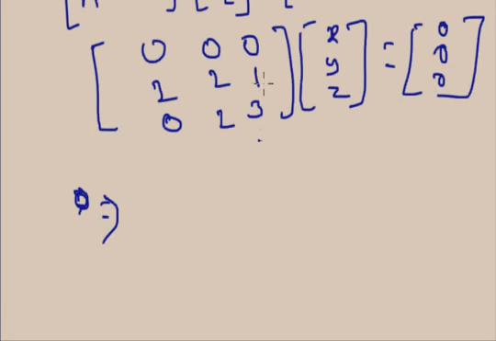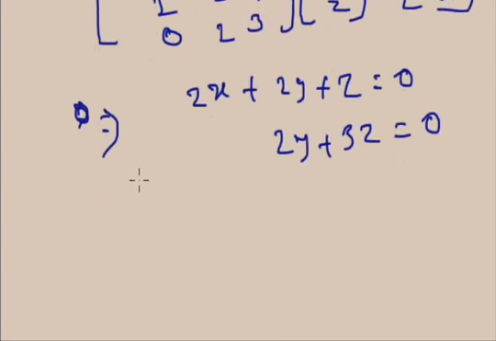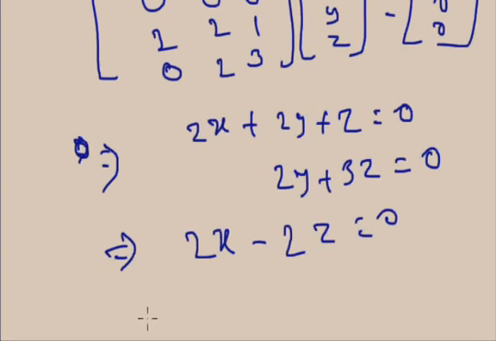The other rows give 2x plus 2y plus z equal to 0, and 2y plus 3z equal to 0. Subtracting this equation from this equation, I will get 2x minus 2z equal to 0. This means x is equal to z. This is the first condition.